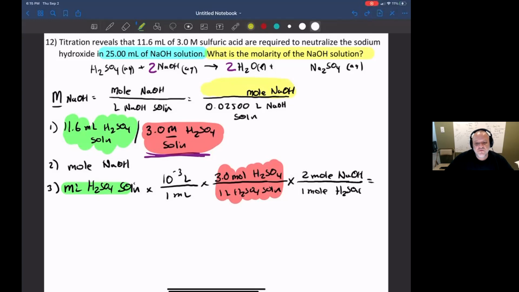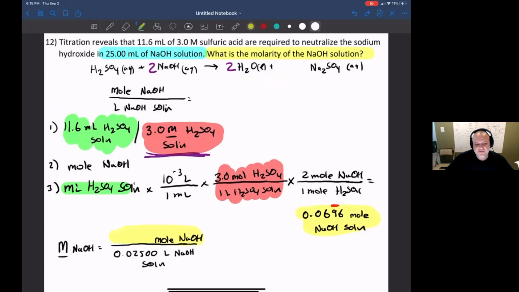And here's my 2-to-1 stoichiometry. When I put this into my calculator, I get 0.069 moles of sodium hydroxide. And I wanted to remind myself that it is actually 2 significant figures.